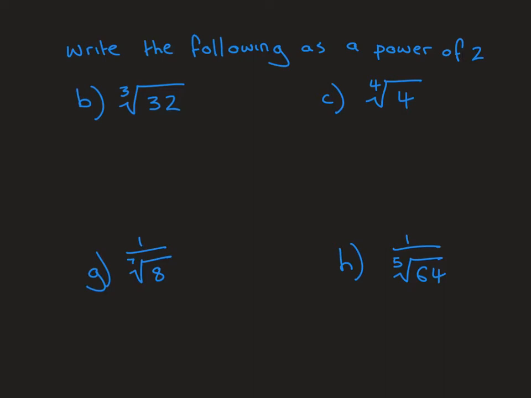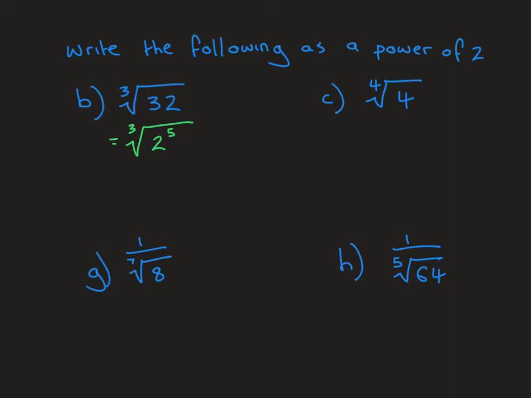So before we deal with the cubed root at the front, how can we rewrite 32 as a power of 2? Okay, and the answer to that is, we actually saw this previously, 32 is equal to 2 to the power of 5. Okay, so now the next thing that we do here is we deal with the cubed root.